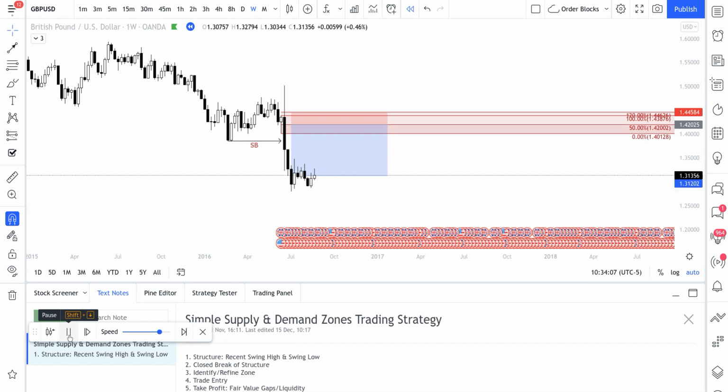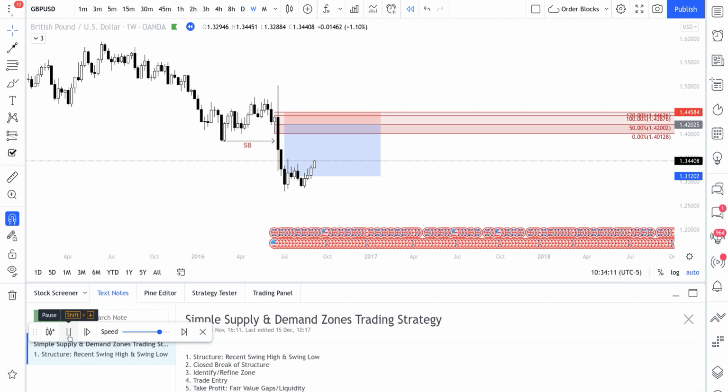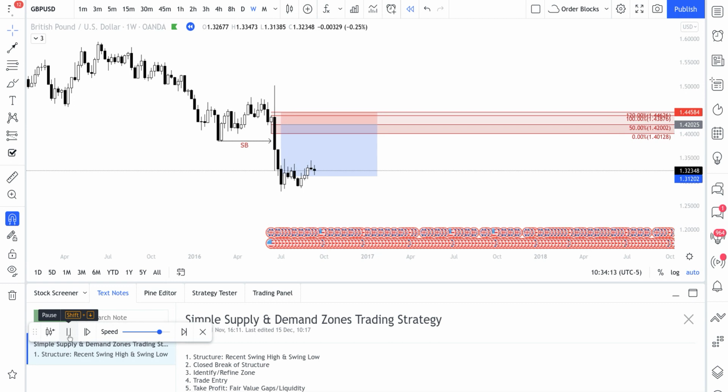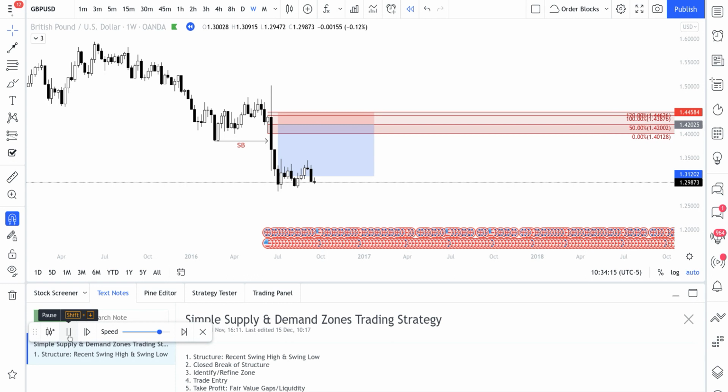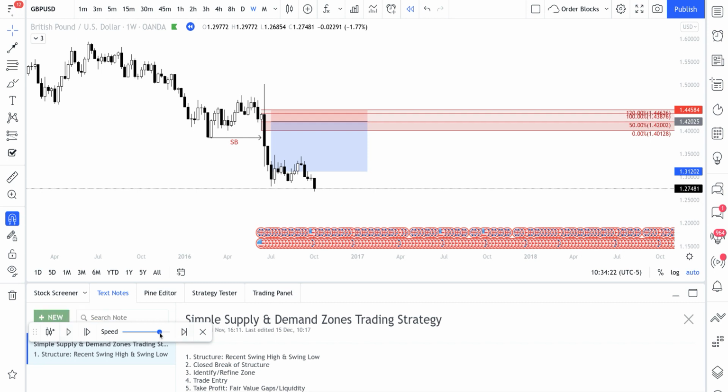Now, this is on the weekly chart, but of course this works on the lower time frames as well. I'll typically do this on the 1 hour. We're still waiting for price to come into our zone. Remember, it takes patience.